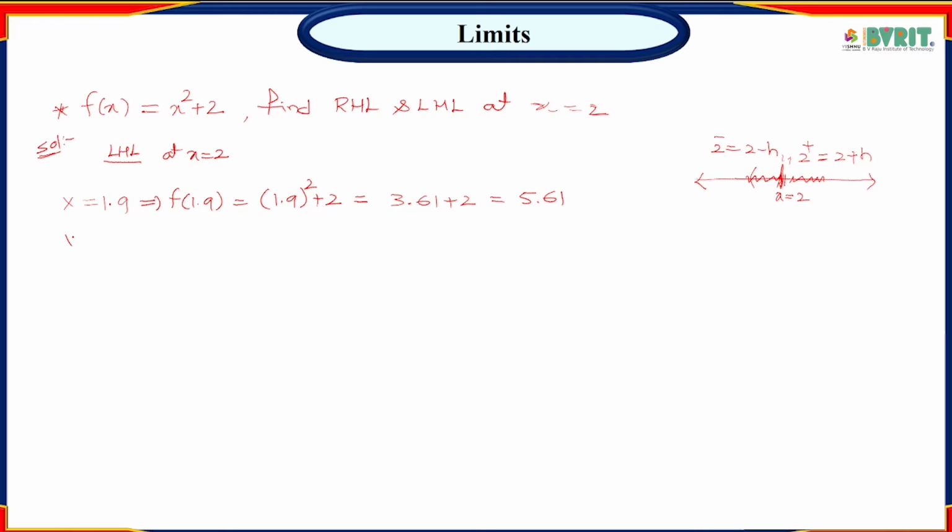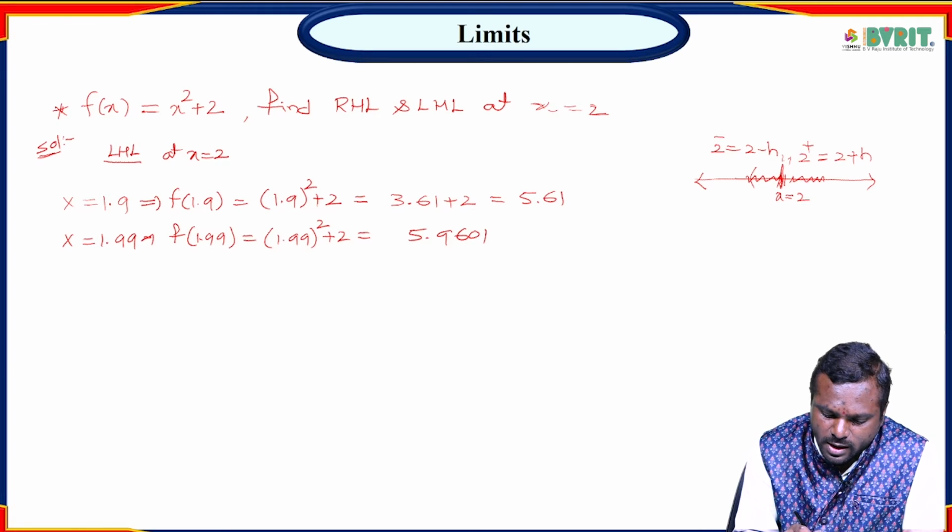Then I am taking another x value, x is equal to 1.99. That implies f of 1.99 is equal to 1.99 whole square plus 2, that is equal to 5.9601.